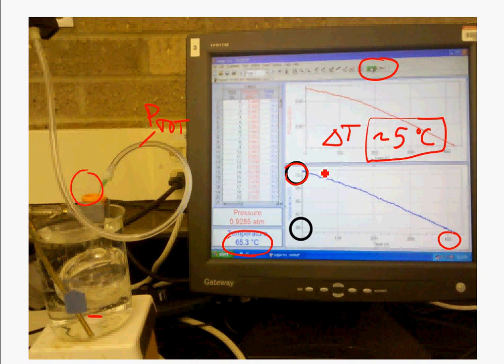So now we have our data that we've collected between 70 degrees and 65 degrees. We have our pressure data and we have our temperature data, which we can convert to get into reciprocal temperature for the x-axis of our graph.